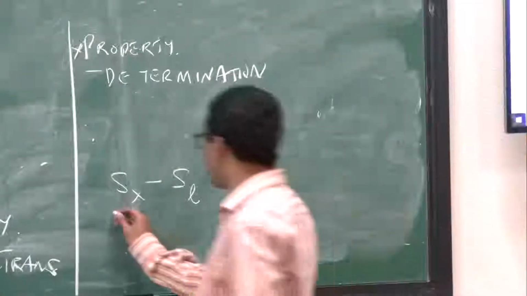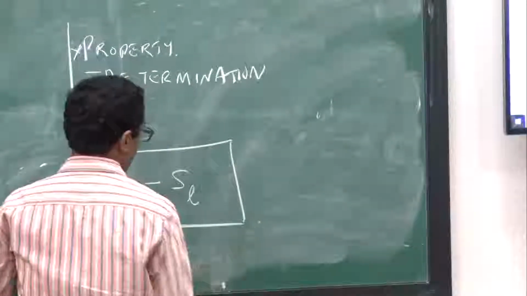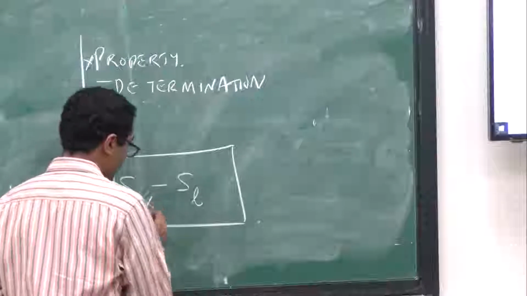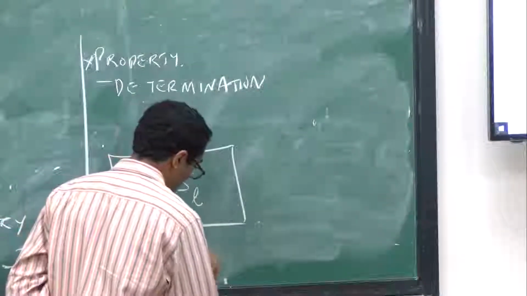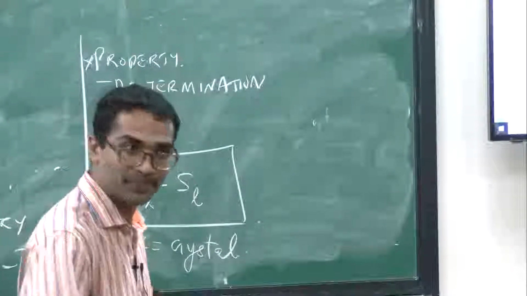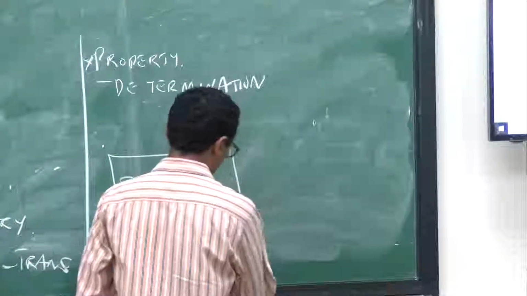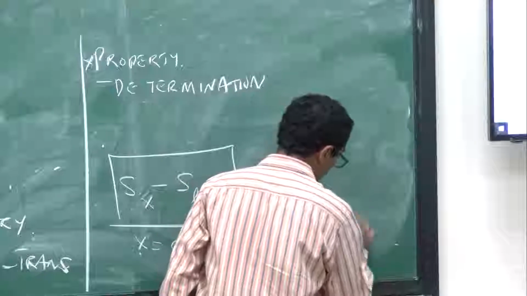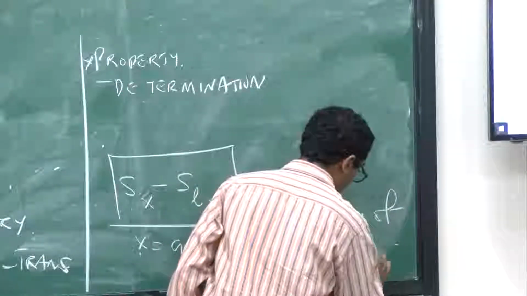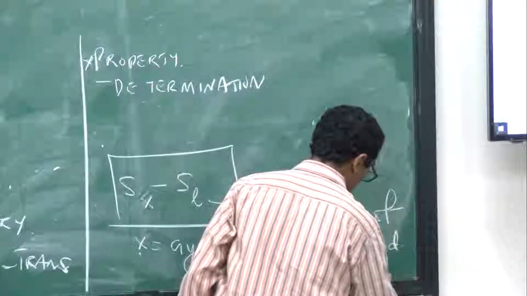And what would happen? So, this one is the crystal. This X stands for the crystal. It does not stand for the supercooled liquid. This is the supercooled liquid, okay. This is the entropy of the supercooled liquid.